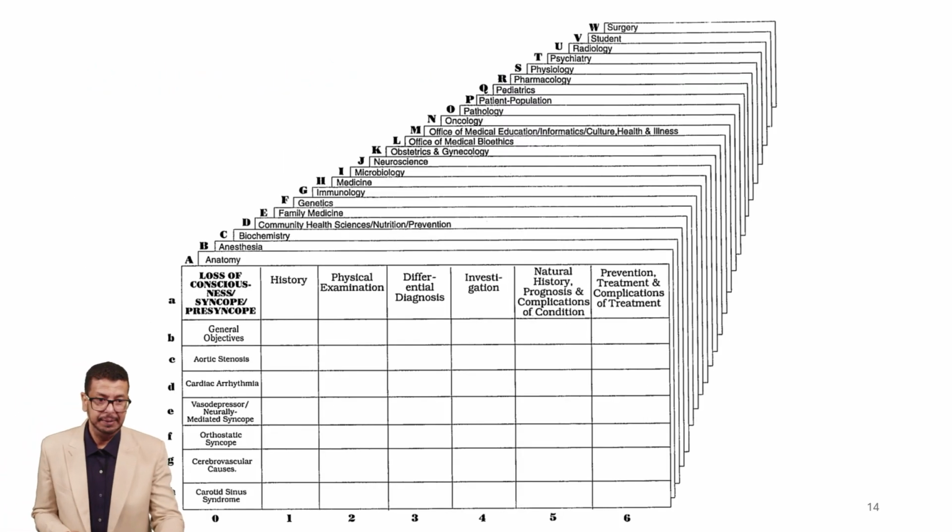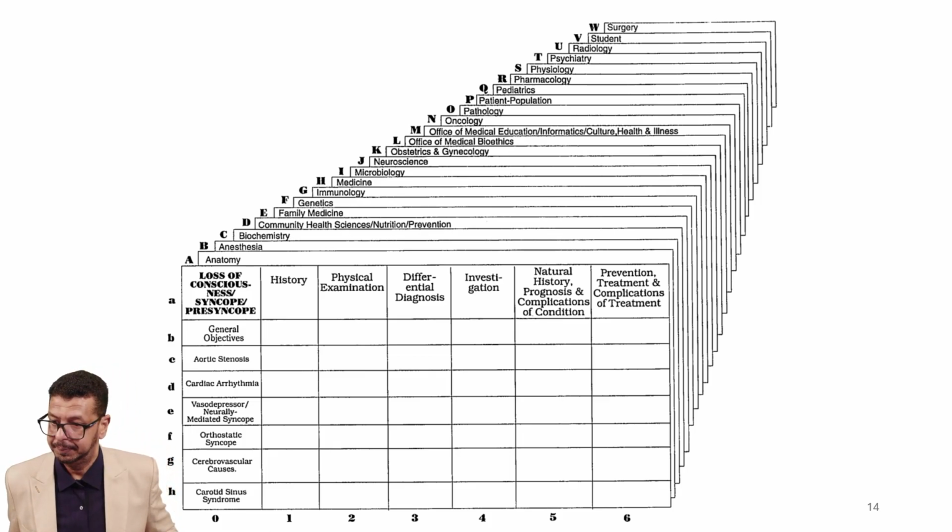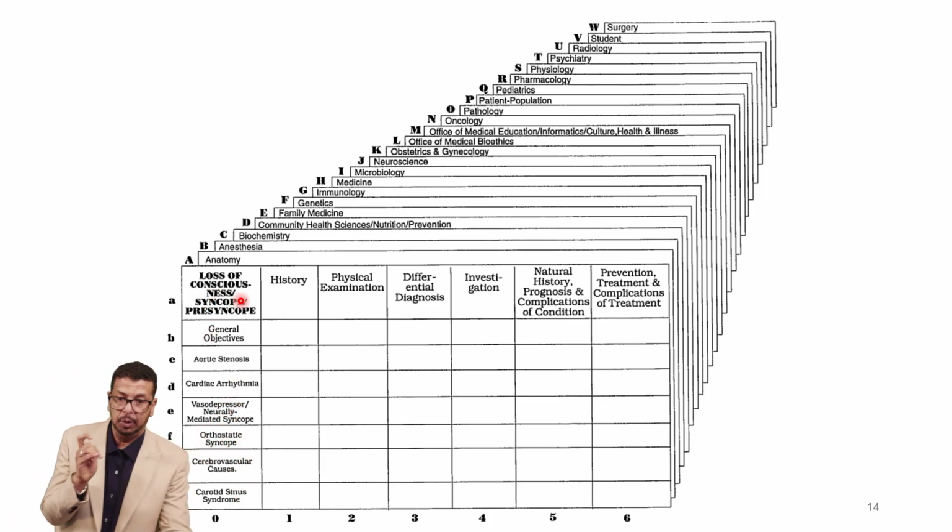Here you will see the six terminal objectives, and here, for example, is a loss of consciousness problem. The general objective is written for each one, and here are the common causes that can lead to this problem, which is loss of consciousness.